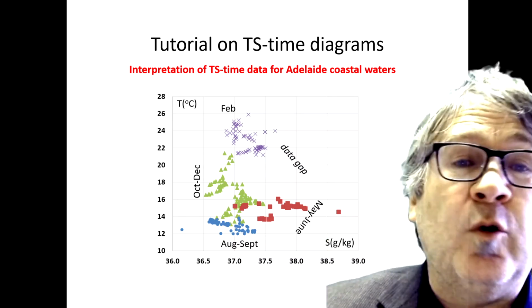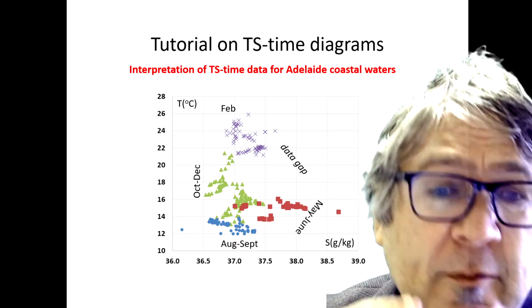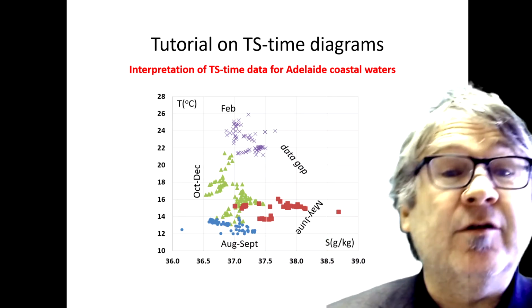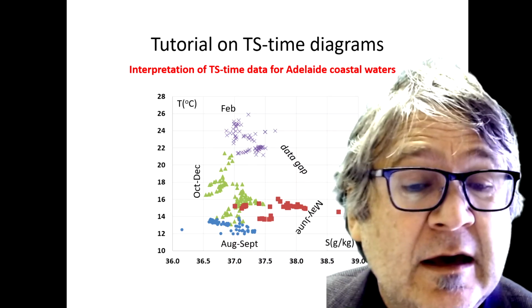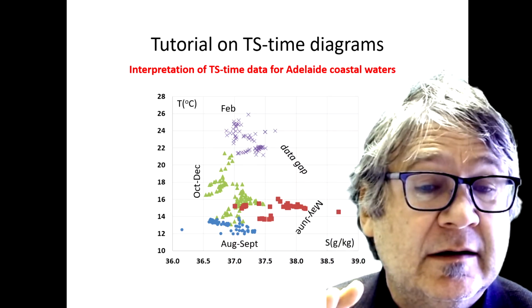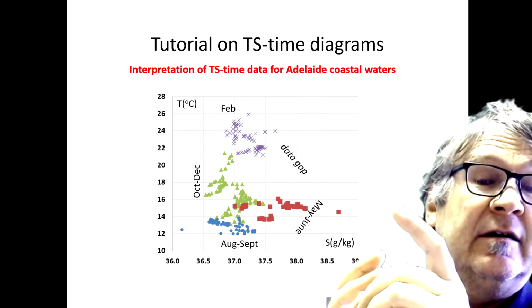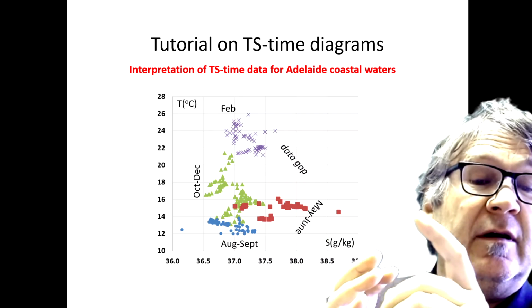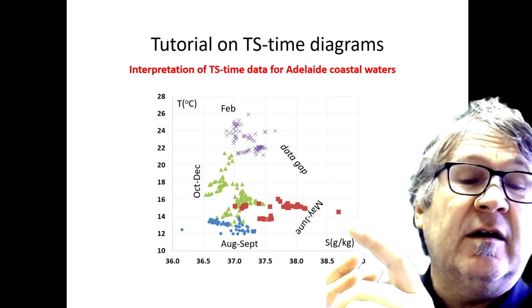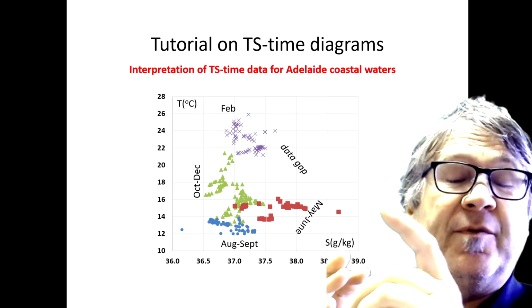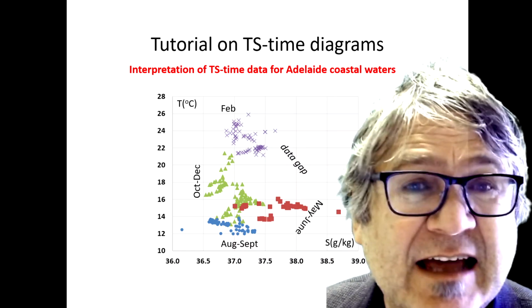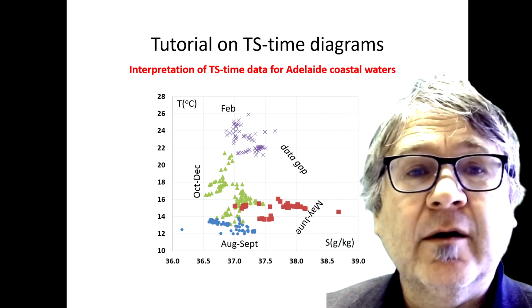That question is probably easy to answer, and we come back to that. You might already know the answer. However, salinity changes. You can see that the salinity goes up and then drops, and goes up and drops. What causes that?